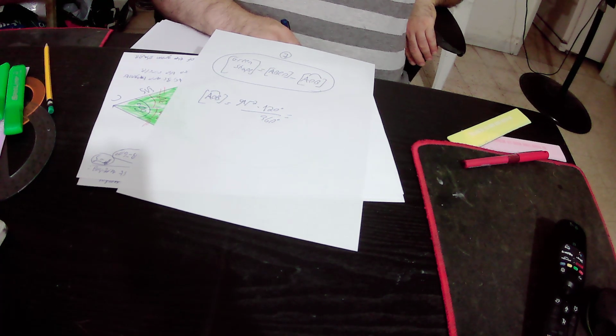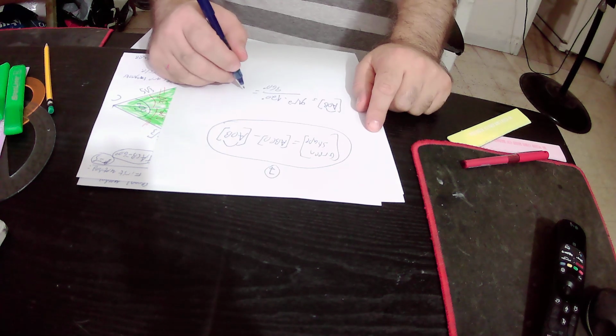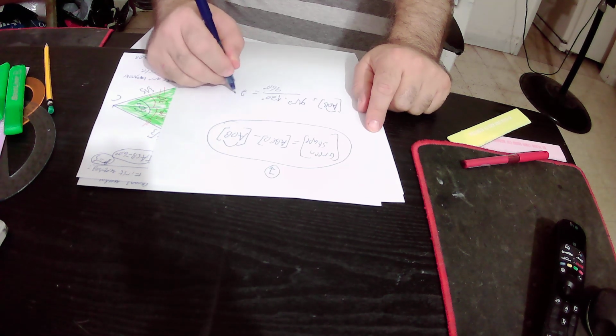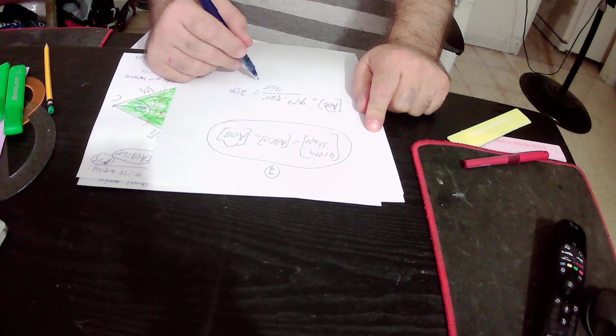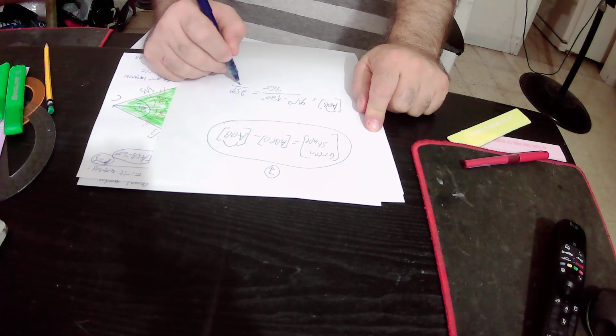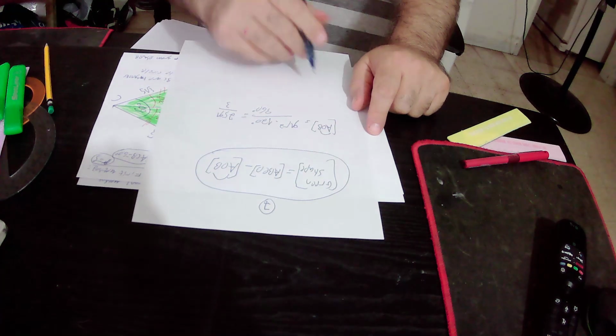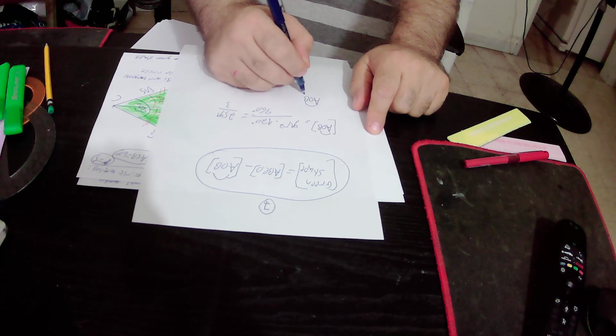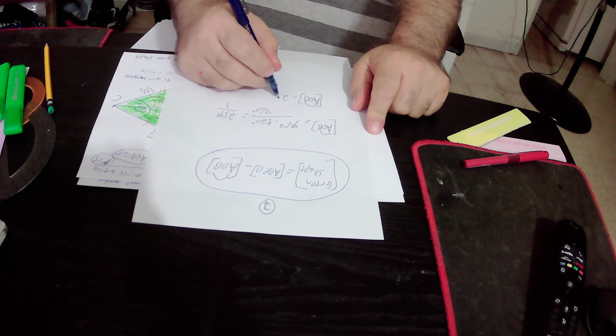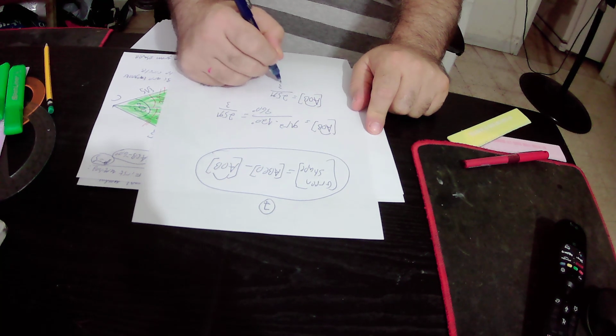R equals 5, so pi r squared is 25 pi. And 120 degrees over 360 degrees is 1 over 3, so in total we got that the area of sector AOB equals 25 pi over 3 square units.